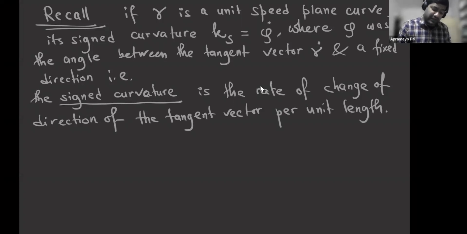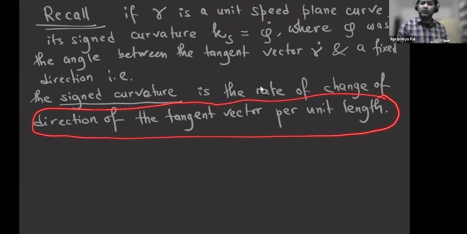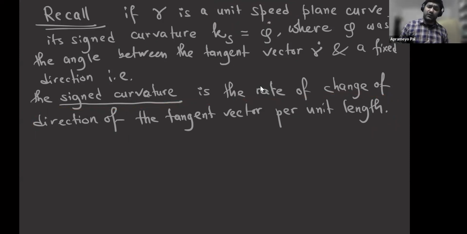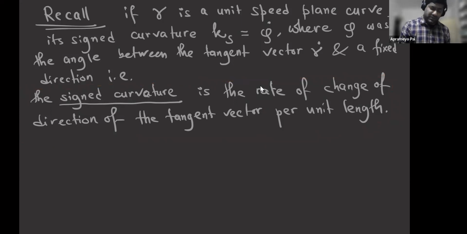Because here I have taken unit speed, but if you take an arbitrary curve, then essentially you have to consider the change of direction per unit length, so you divide out by the length. This we have seen in the section on curves, and if you have not seen it, you can take this as a recall also. The signed curvature is the rate of change of the direction of the tangent vector.